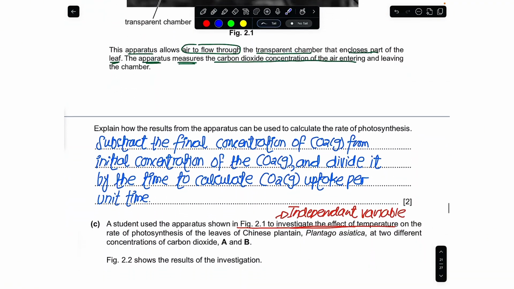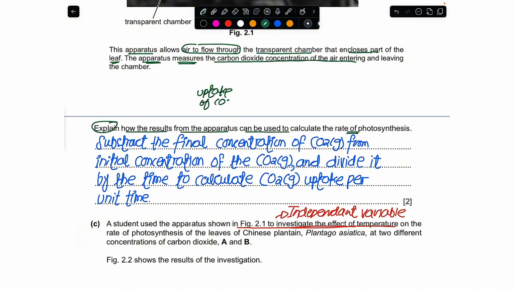Now for 2 marks, they want us to explain how the results from the apparatus can be used to calculate the rate of photosynthesis. Above they have said that the uptake of this carbon dioxide gas gives us an idea in context of the rate of photosynthesis.